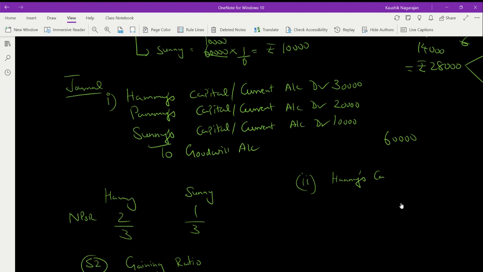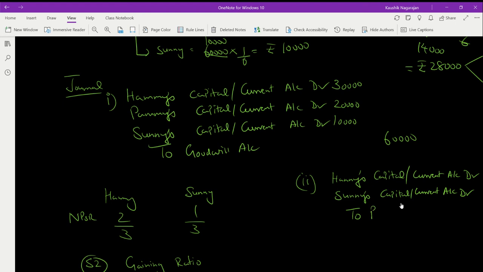So Hanny's capital or current account is debited, followed by that Sunny's capital or current account is debited, followed by this, to the one who is retiring from the business, it is Pammy.